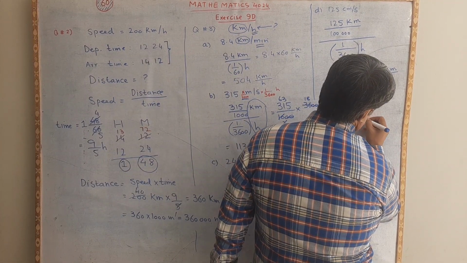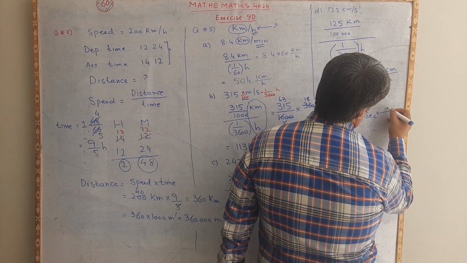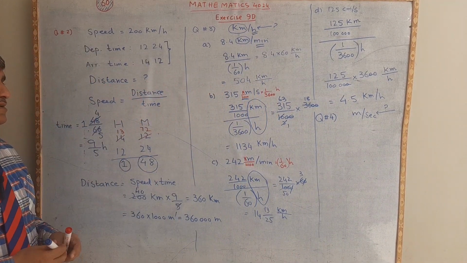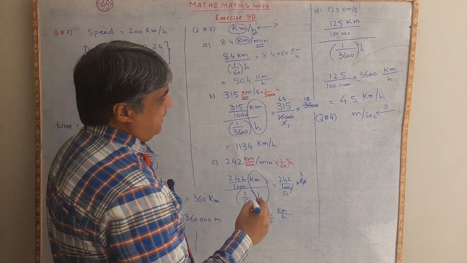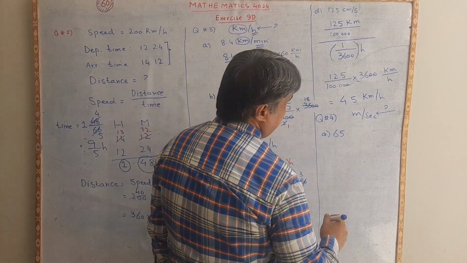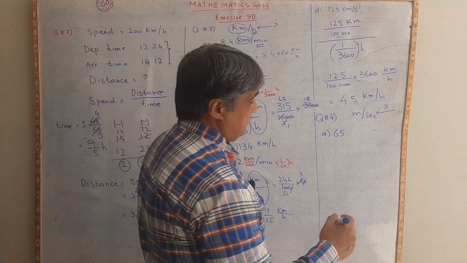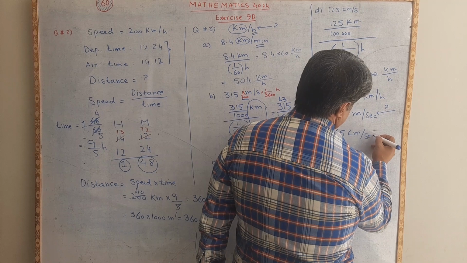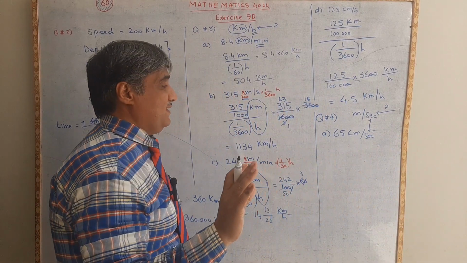So in this case we have to keep in mind that we have to convert any quantity being given to meter per second. And let us do part number A. It is saying 65, and given to us is centimeter per second. Now second is second. We don't have to do anything with it.